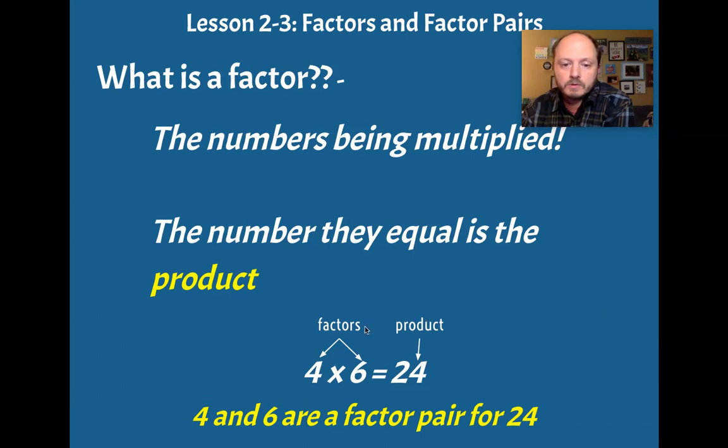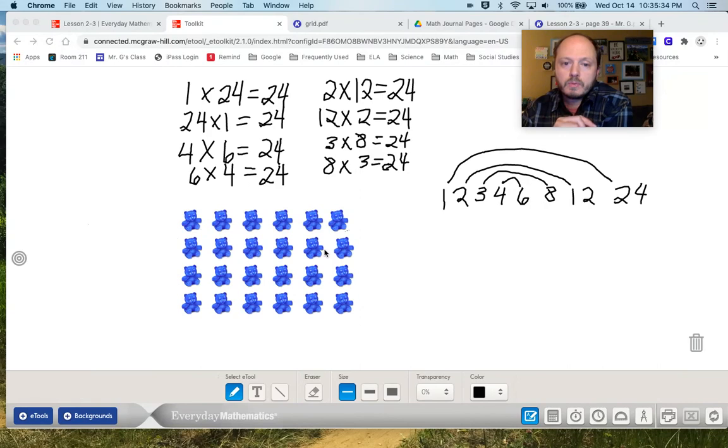The factors are 4 times 6. The product is 24. 4 and 6 are a factor pair for 24, right? And I could say 6 times 4 too, right? But they are a pair. They go together for that product, okay? So this right here demonstrates that.